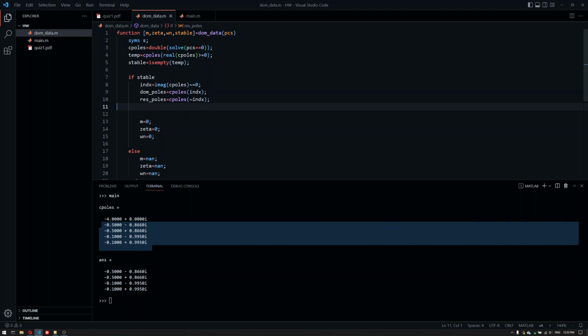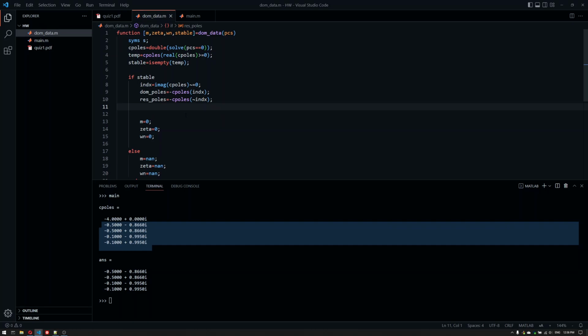But what we try to do here, because of zeta and omega n, you should pick that up, we're looking for specific systems where zeta and omega n are present and are the dominant poles, or pole pairs. So we kind of separated the dominant ones into the non-dominant ones. If we wish, we can just put in a negative sign in order to get rid of the negative sign.